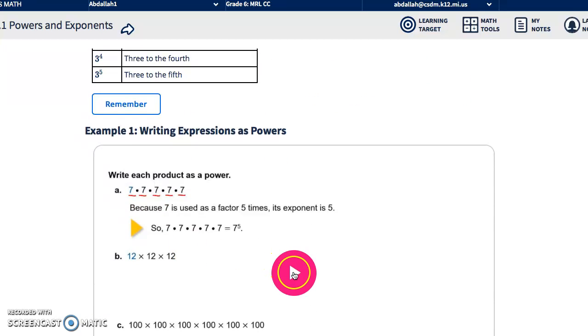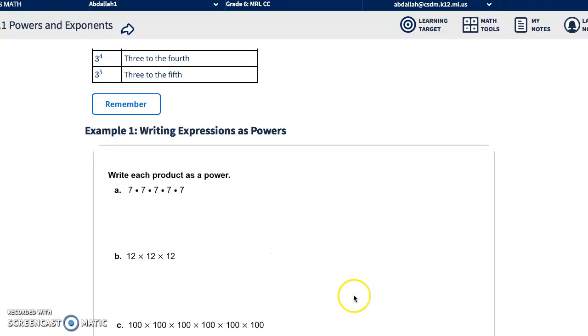So let's look at the example that they give us. Write each product as a power. Part A, 7 times 7 times 7 times 7 times 7. A power is a product of repeated factors. The base of a power is the repeated factor, in this case, 7. The exponent of a power indicates the number of times the base is used as a factor.